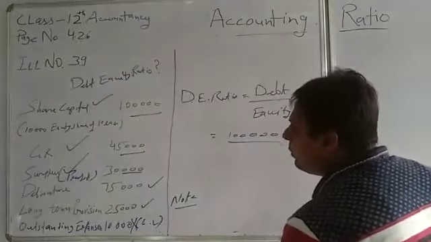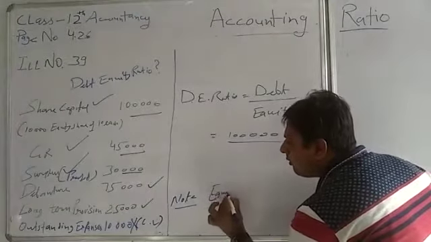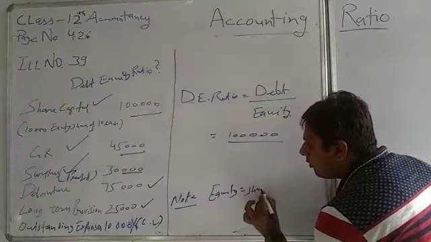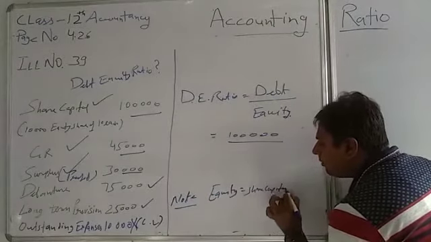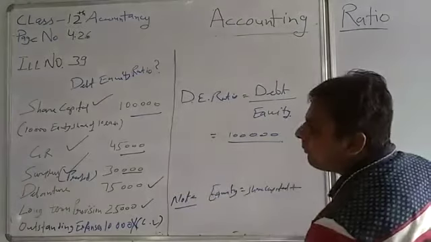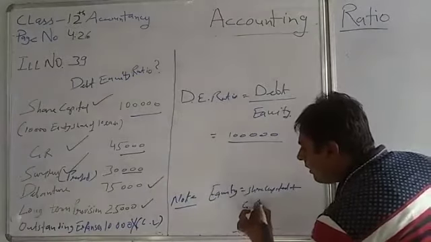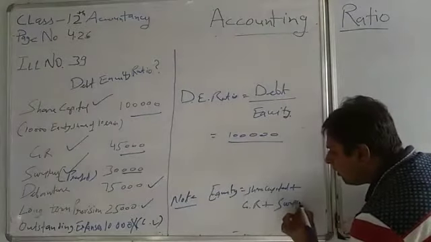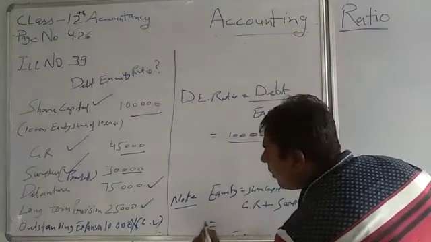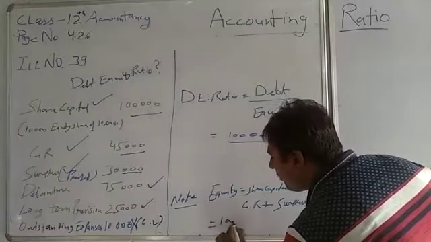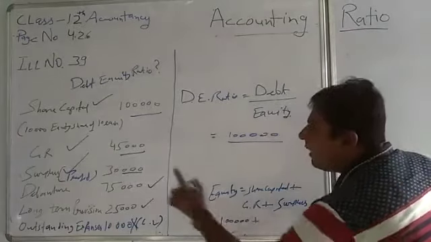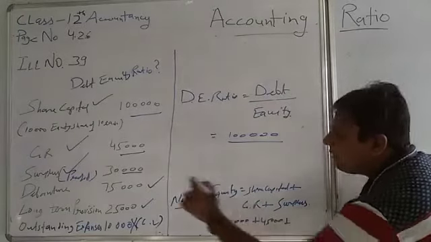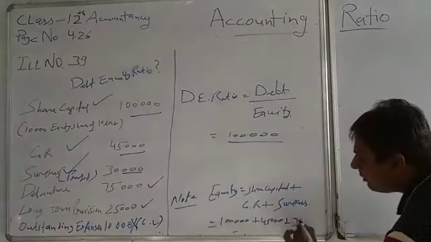So what we have to do? Equity is equal to share capital plus general reserve plus surplus. So how much amount will be there? 1 lakh plus 45,000 plus surplus 30,000.